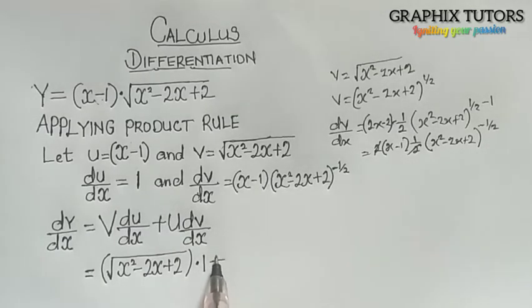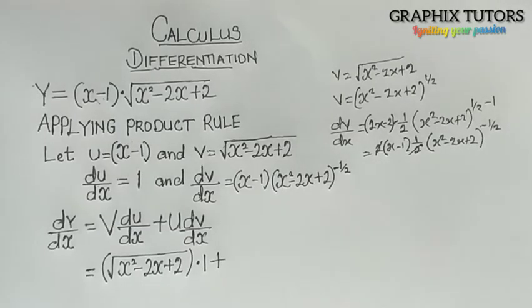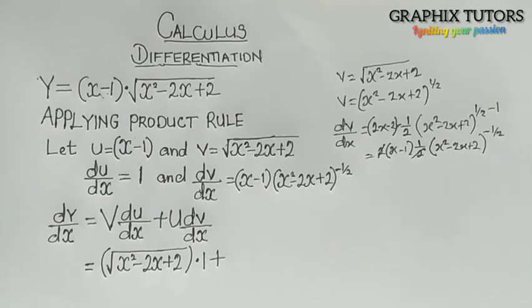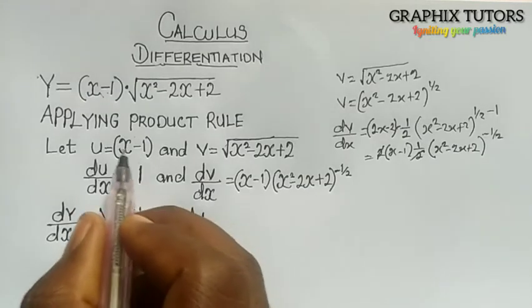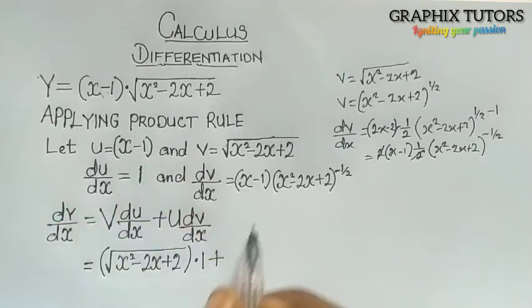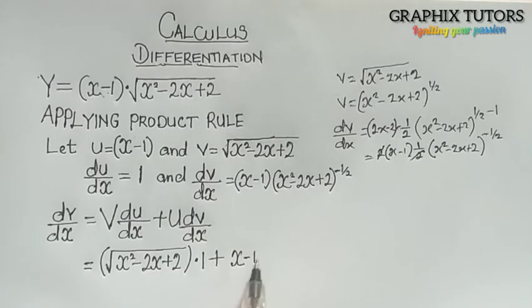Plus, now what is the v that we have here? The u we have here is giving us what? x minus 1. This is u equals x minus 1. So I have my x minus 1, and the v over the x is giving us what?